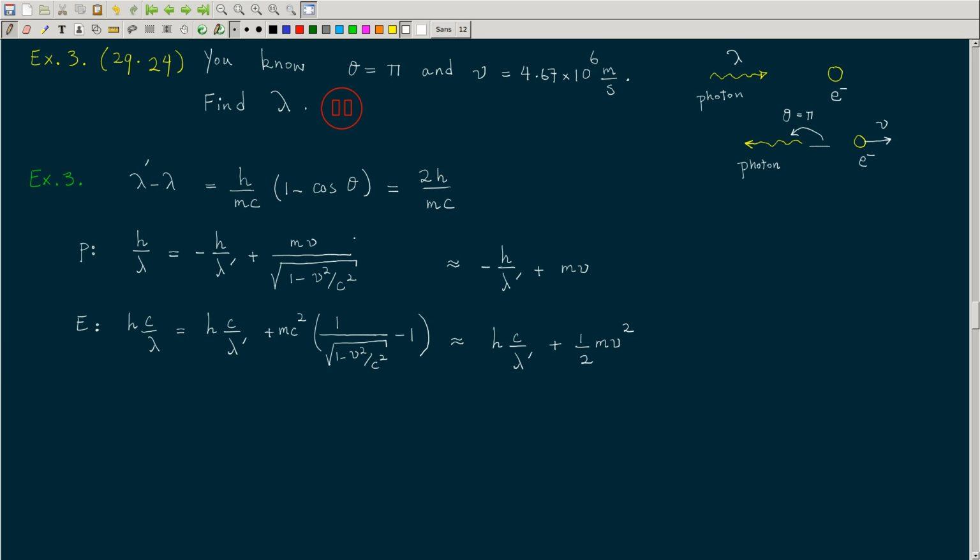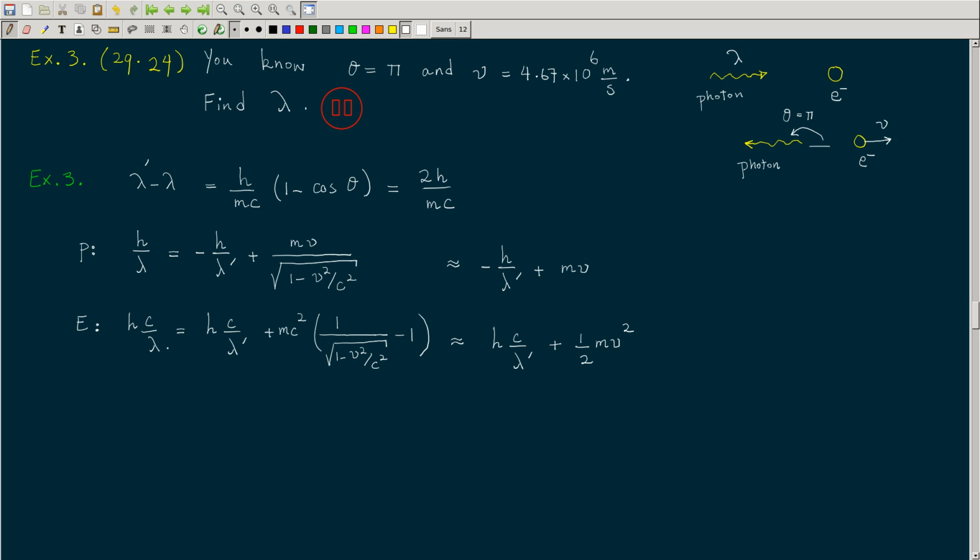Again, for the electron, the velocity is fairly low, although it's 3 sig figs, so if you want to get all the digits right, you have to use the relativistic formula. But if you just want an estimate, you can use the classical formula, which is mv, for the momentum of the electron after the collision.